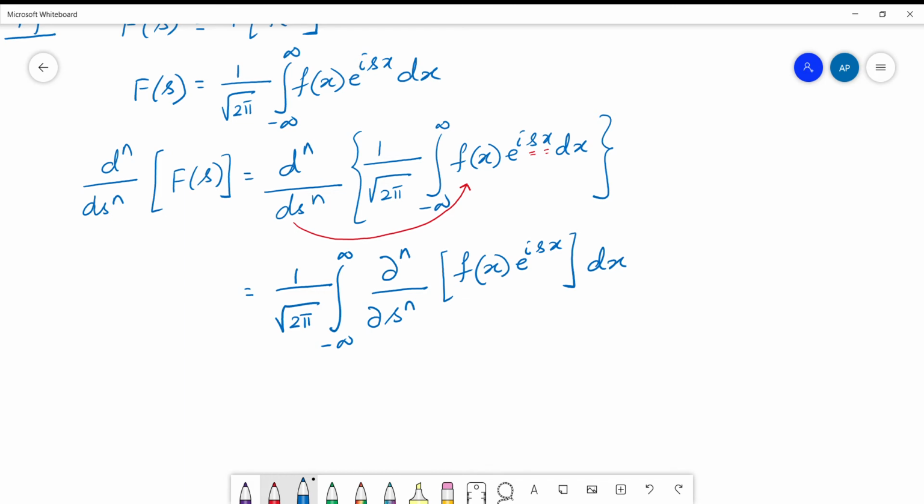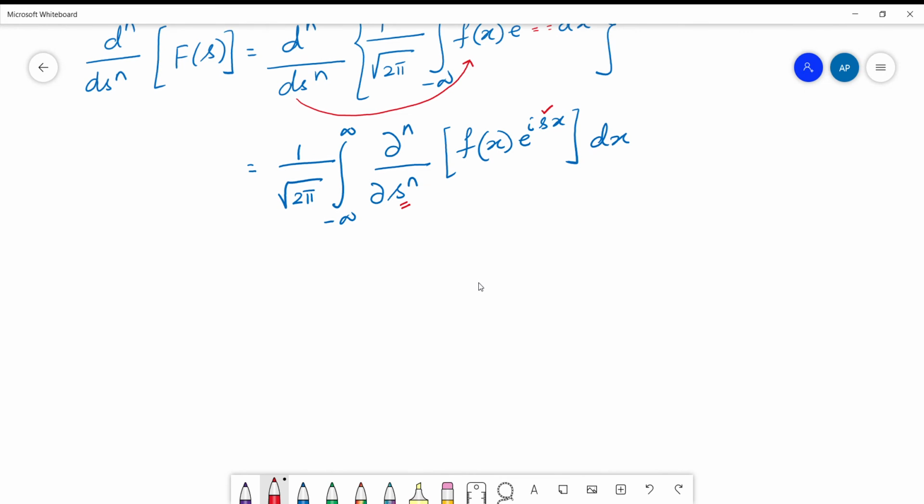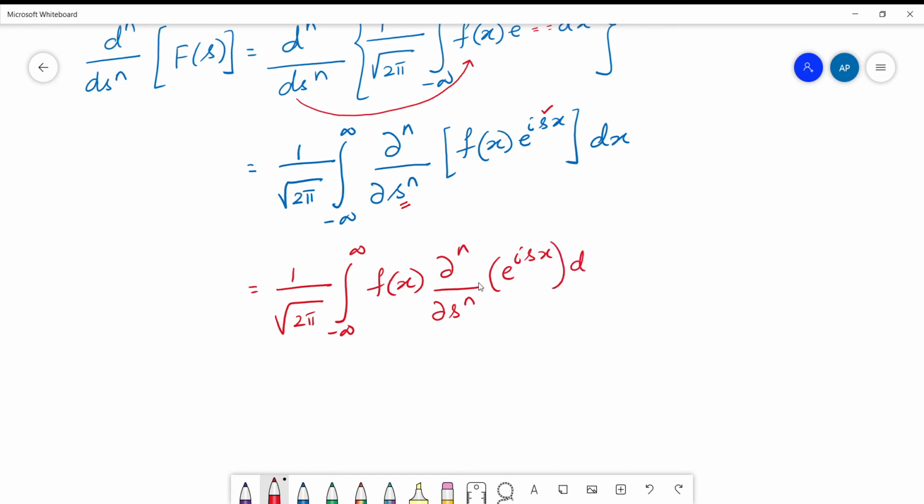But looking at the derivative, the variable that we are differentiating is s and that occurs only here. So f of x is going to be kept as it is.